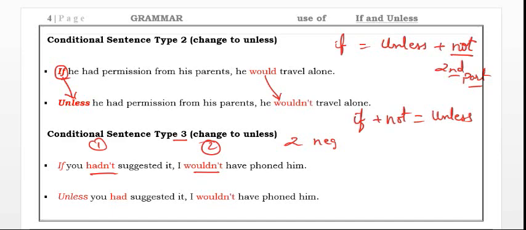So what I do is I take if and I take not. If you hadn't suggested it, I wouldn't have phoned him. Unless you had suggested it, I wouldn't have phoned him. So I have taken this rule. If plus not, I have made this positive unless.